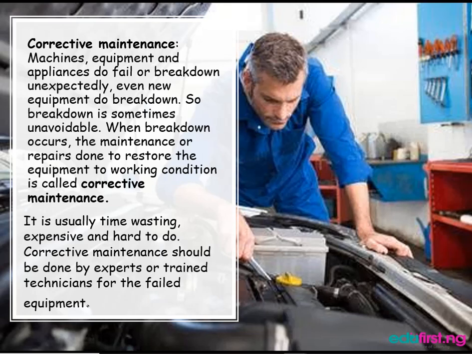When breakdown occurs, the maintenance or repairs done to restore the equipment to working condition is called corrective maintenance. Now, when an unexpected breakdown is caused, corrective maintenance are mostly applied.